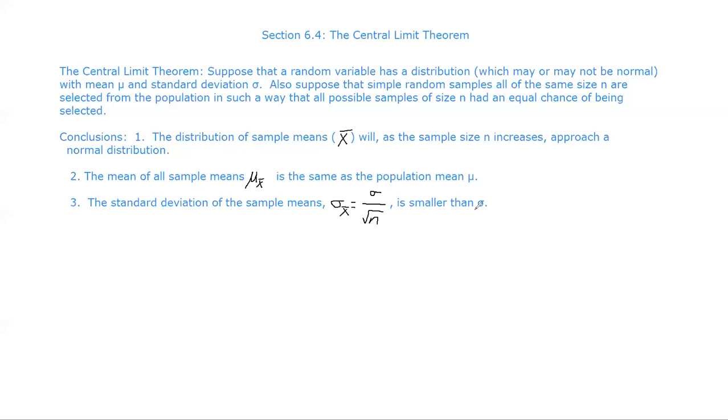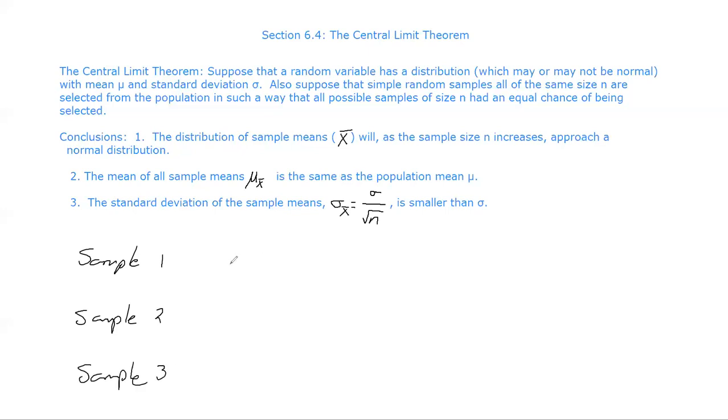So before we work an example, let's talk about what I mean when I say mean of sample means. Suppose I have 3 samples. Here's sample 1, here is sample 2, and here is sample 3.